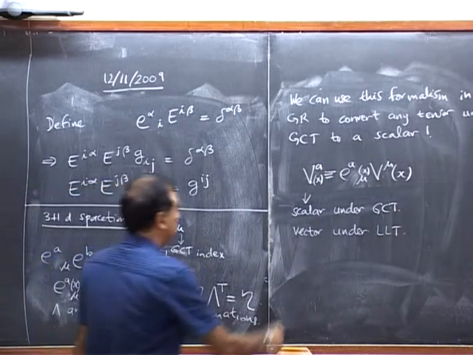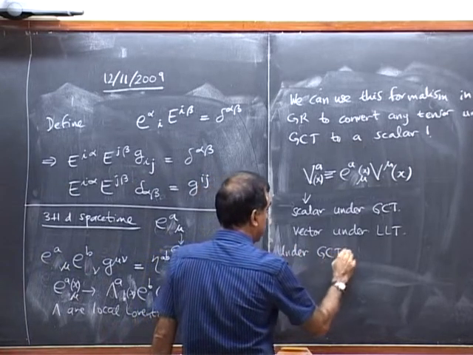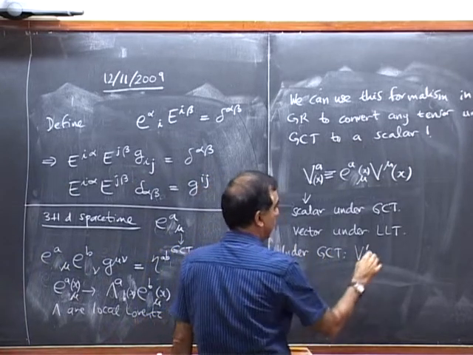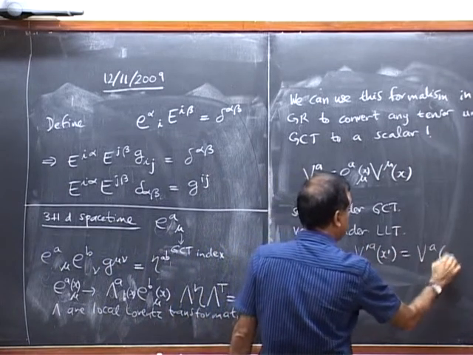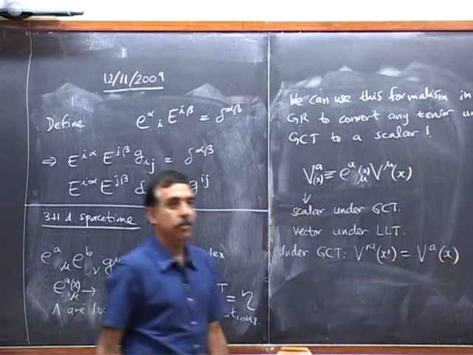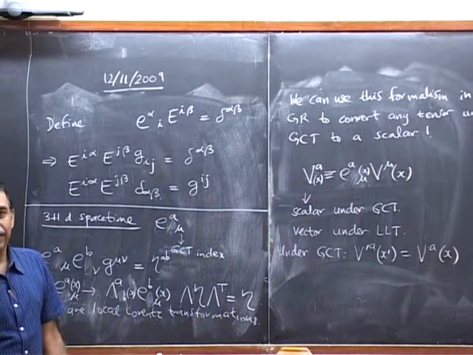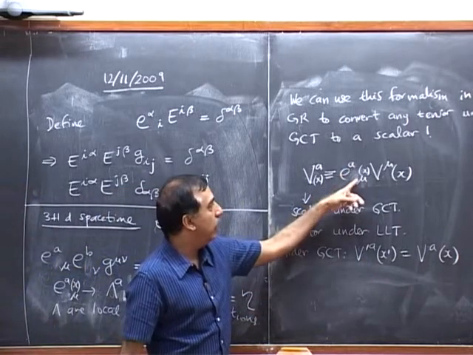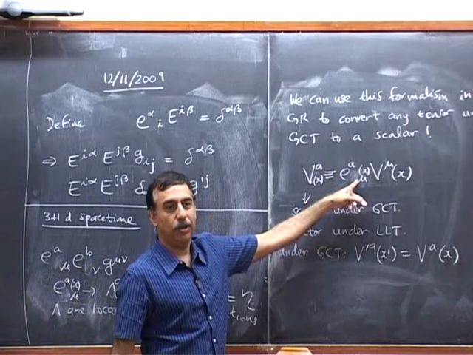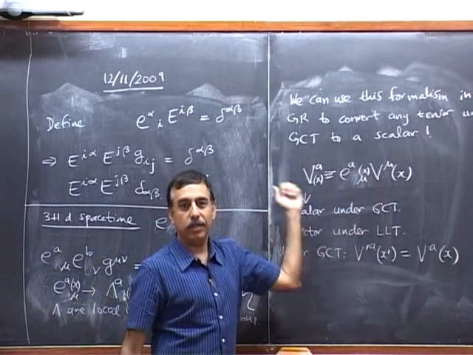So in fact, under GCT, let's be very explicit for once. Under GCT, V'^A of x' is just V^A of x. It's a scalar. It's a set of scalars. For each value A, it's another scalar. Why? Because for each value of A, I used one of the vectors in the orthonormal frames to dot with V^mu and produce a scalar.